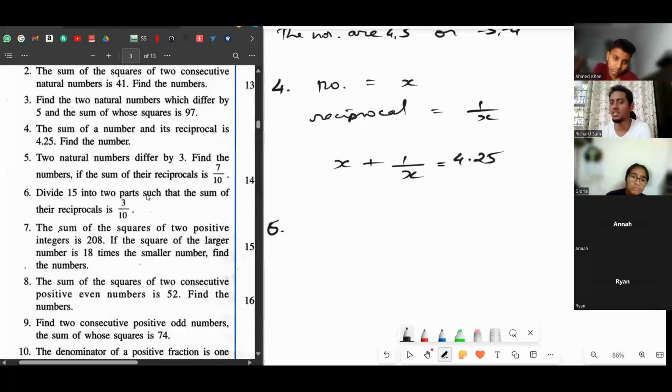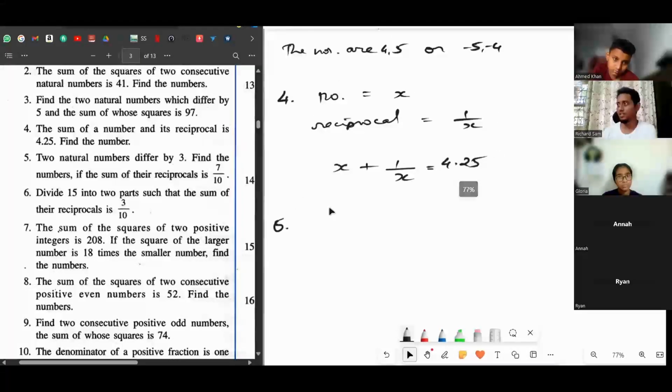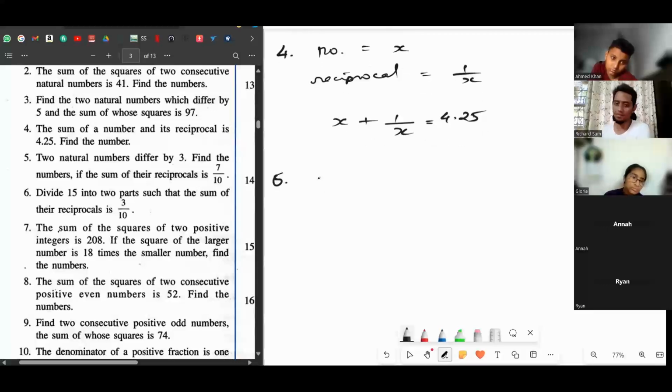Hmm. Any other example? 7.5 plus 7.5. That is dividing into two equal parts. But here they have not said equal parts, right? So it can be anyhow. It can be 7 and 8, right? Any other way? Leah, tell me, divide 15 into two parts.